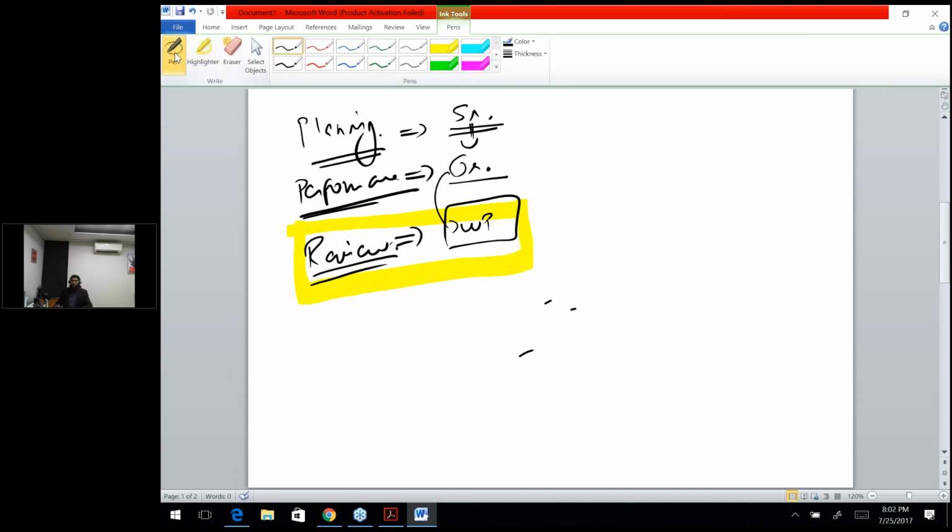What we have done till now is that we have not attempted the question pertaining to this review stage. We're going to start discussing the review stage, and we're going to start attempting the questions pertaining to the review stage.